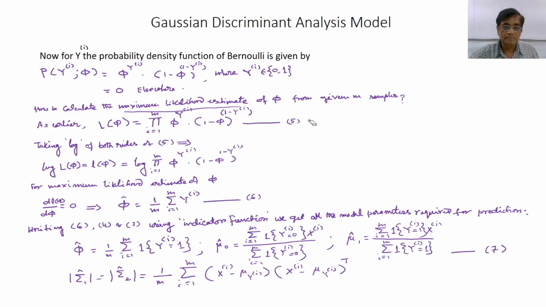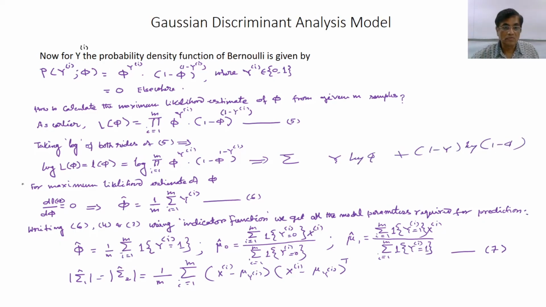What you do is take the log, and the log of this is transformed into this: y log of phi plus 1 minus y log of 1 minus phi.